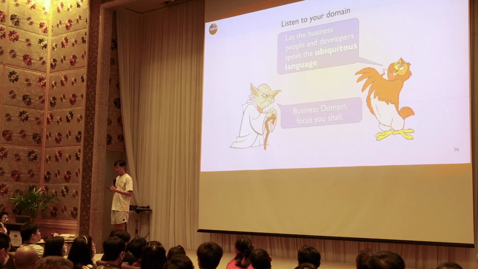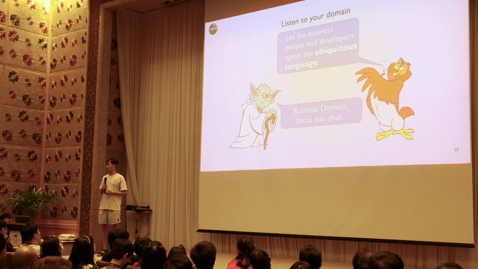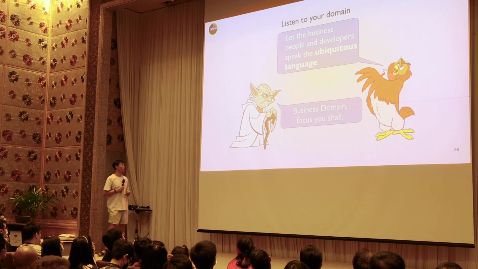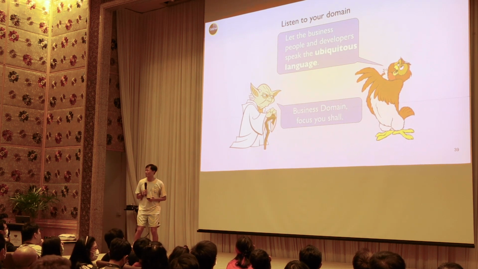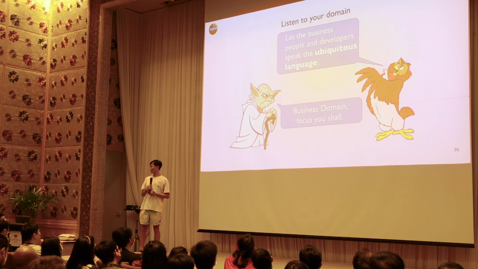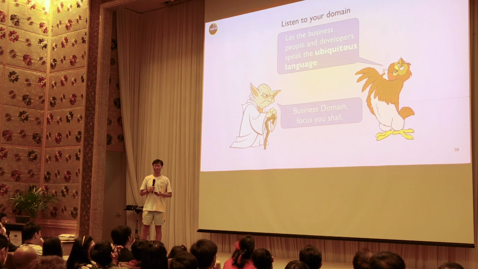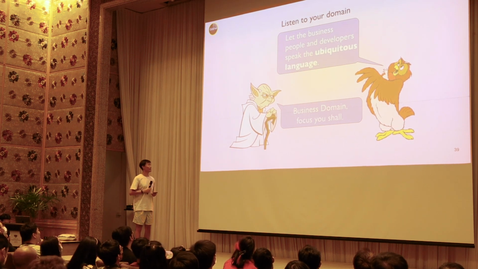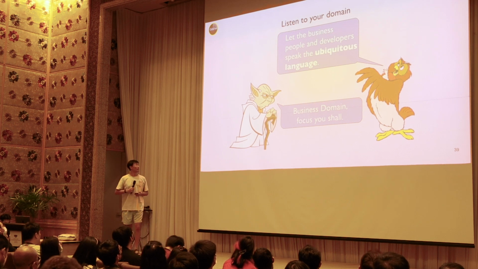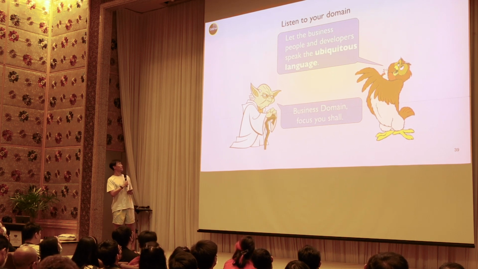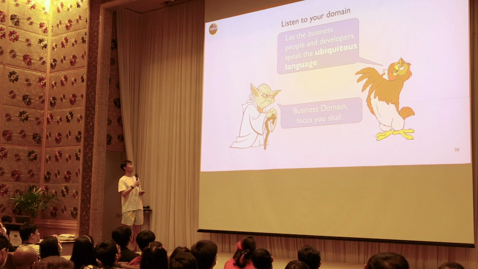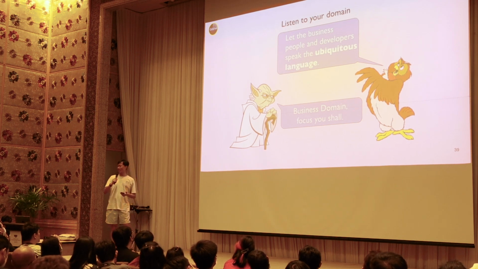In the meanwhile, some other masters, as I said, say you need to focus on the business domain, otherwise you're doing the wrong thing. Or like the book said, let the business people and developers speak the common language.